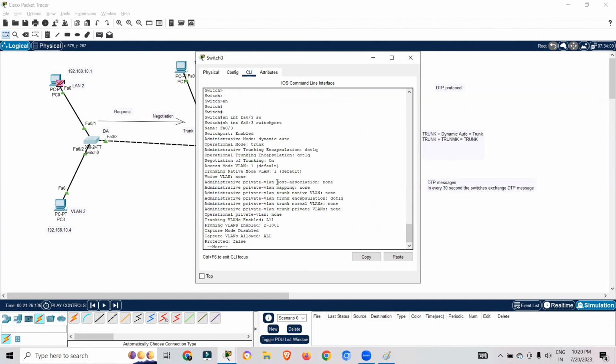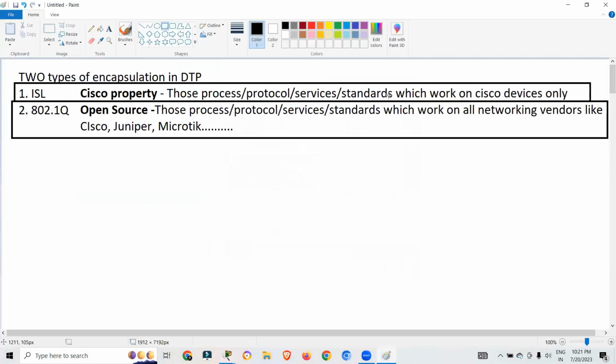When I open this, you will see that the administrative trunking encapsulation is .1Q, and the operational trunking encapsulation is also .1Q. So we are using the standardized version of encapsulation. What is the meaning of encapsulation first of all?